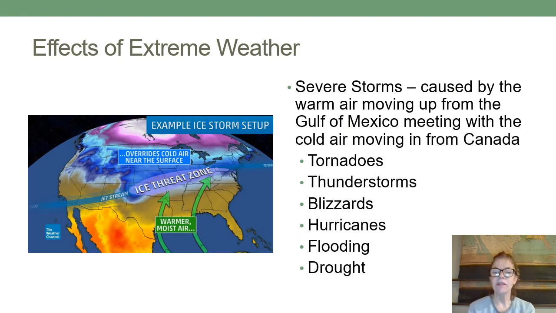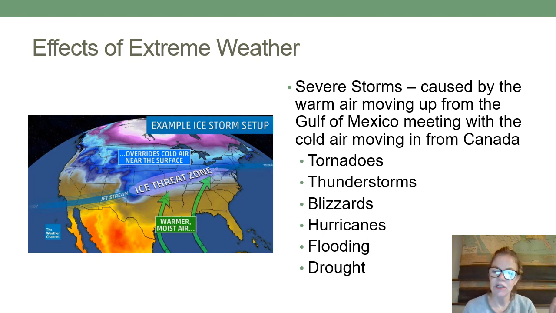Okay, because of the location where we are, we are subject to severe storms, right? A lot of the most common form is frontal precipitation. So we get that. The reason for it is because we get the very cold air coming down from Canada and the warm air coming up from the Gulf of Mexico.